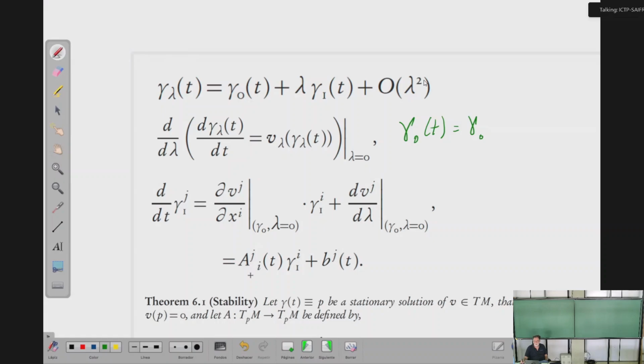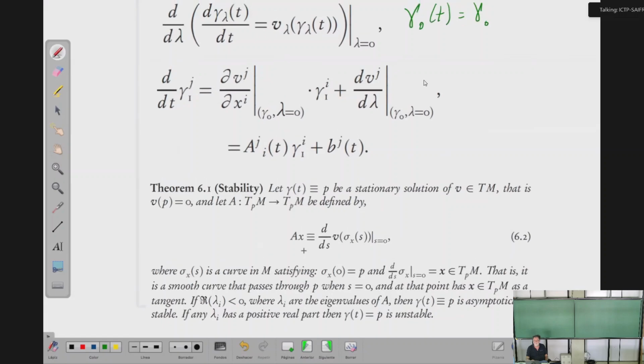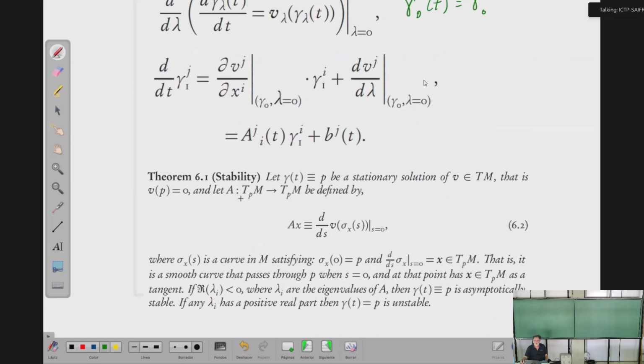And so this system is of this form, right? So what we have to do now is to use the theorem that I mentioned, the theorem, finally I find it. That tells me when the system is stable.